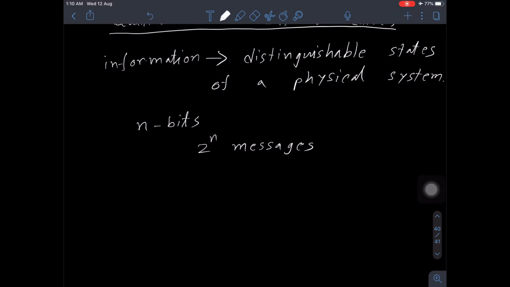All right. So what happens in a quantum system? Let's say that you have a quantum state psi, which belongs to a d-dimensional vector space.